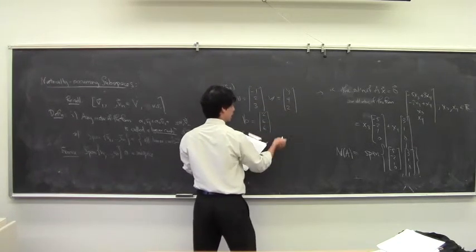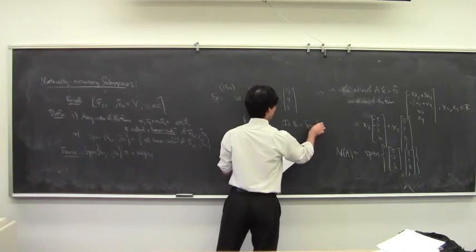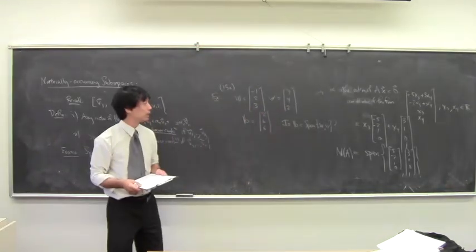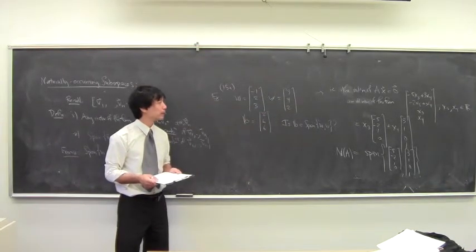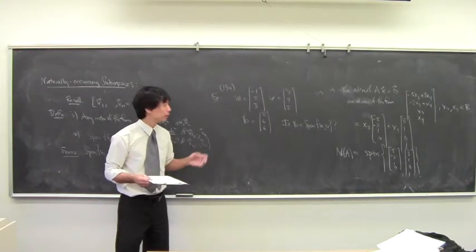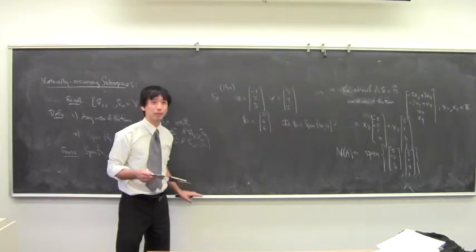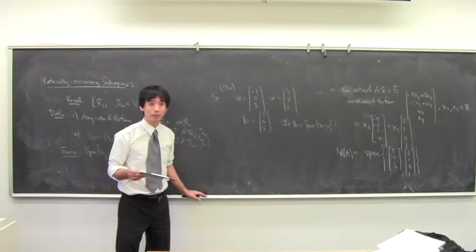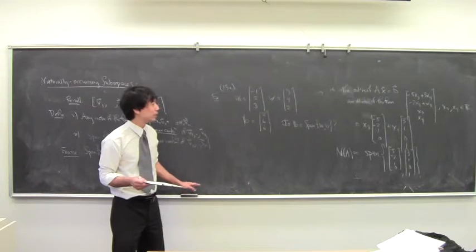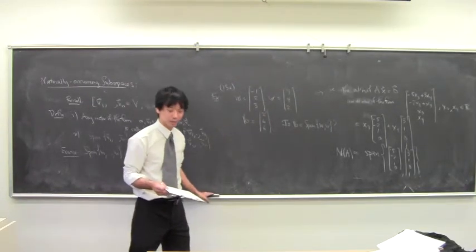And I ask, is b in the span of u and v? See if you can answer this. This is sort of like a review of stuff you did before. Take 1 or 2 minutes and see if you can answer if b is in the span of these two guys.